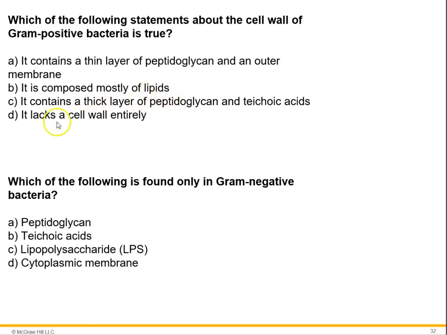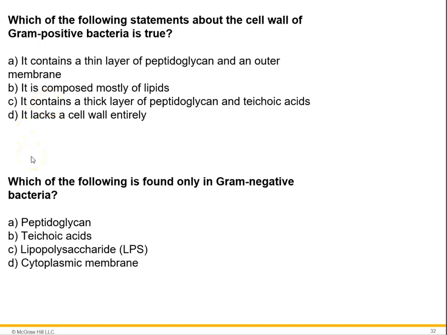Or D, it lacks a cell wall entirely. Well, remember, gram-positive bacteria do have a cell wall, and it's going to be a thick layer of peptidoglycan, not lipids. The cell wall also has teichoic and lipoteichoic acid in it. So C is the answer here.